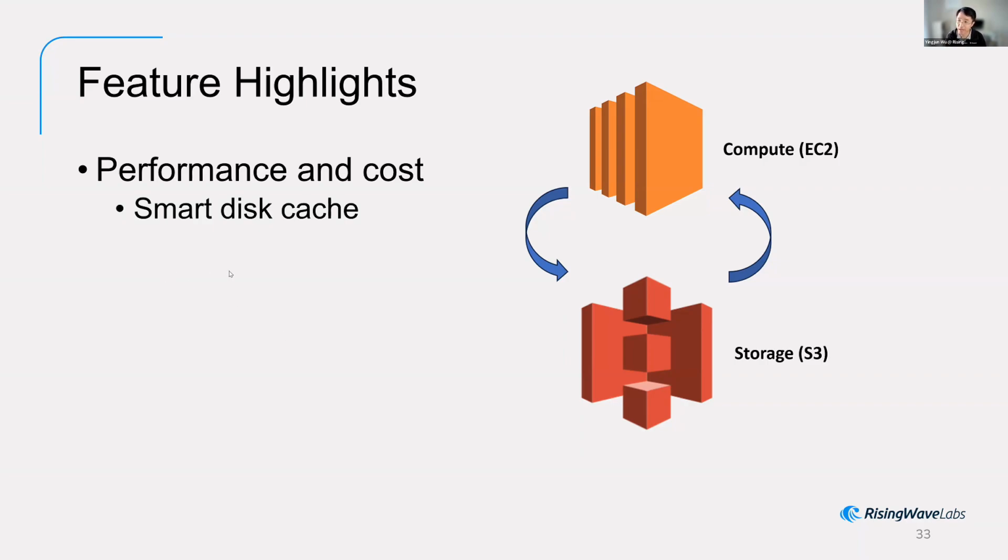We actually introduced a feature called small disk cache, which essentially leverages EBS to cache the data. Someone will say, well, look, EBS is also pretty expensive, right? Some people will also say, I came from some other database, and I heard some other people mention that using EBS is an anti-pattern.